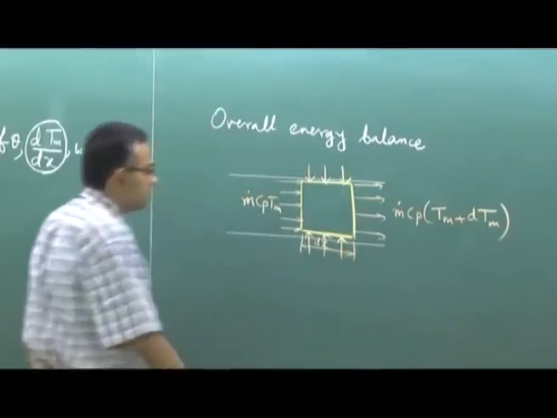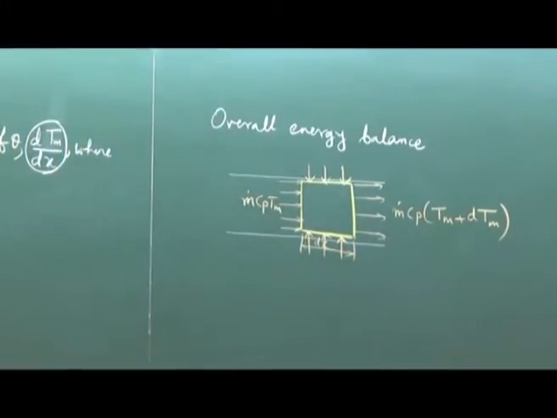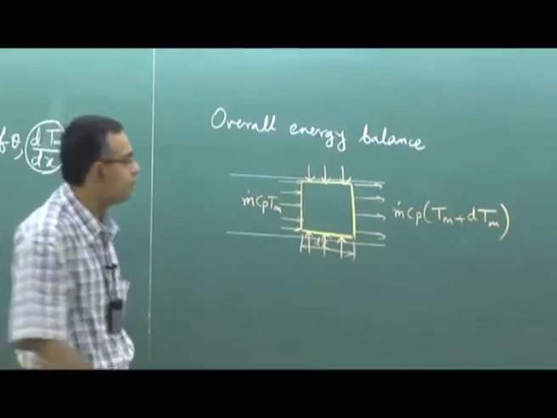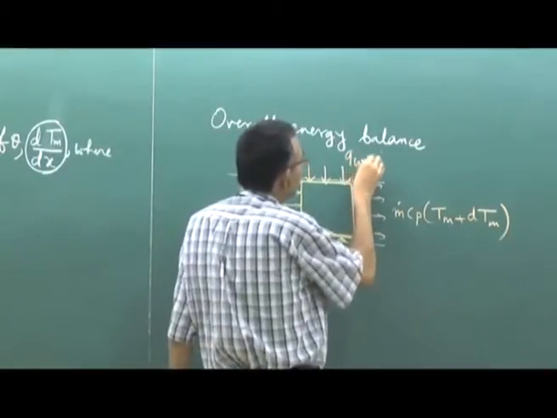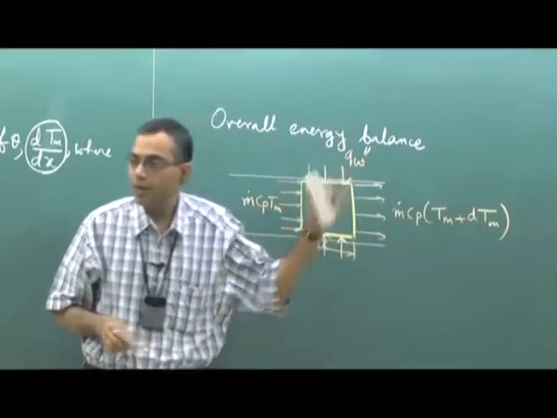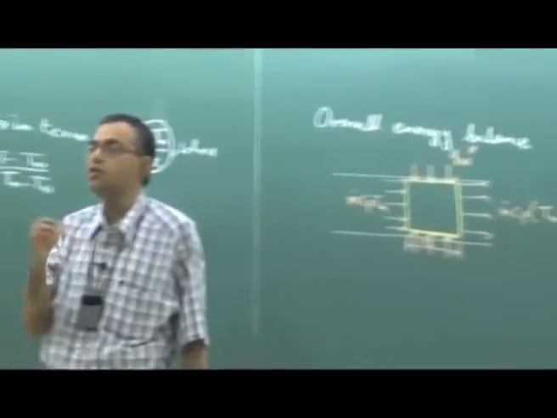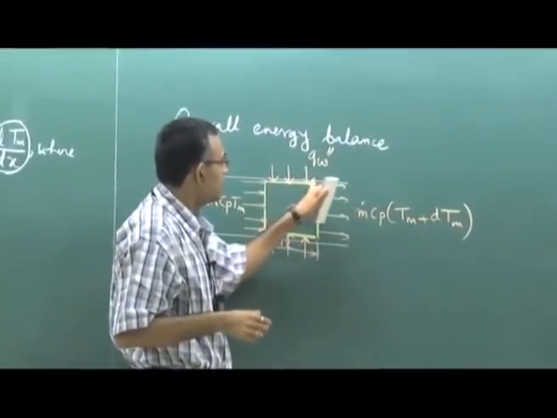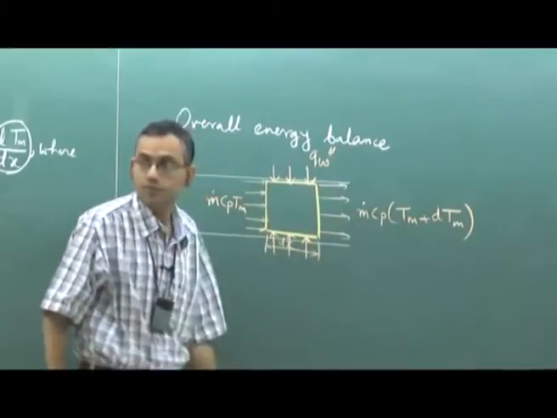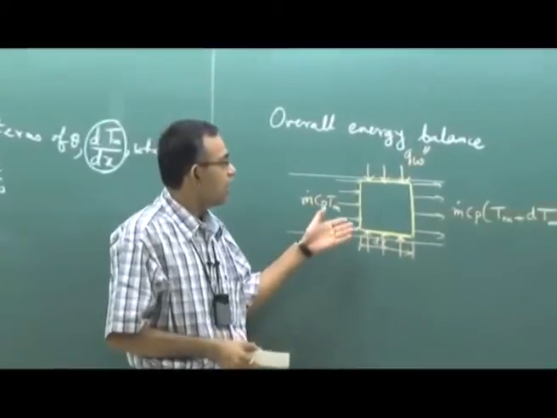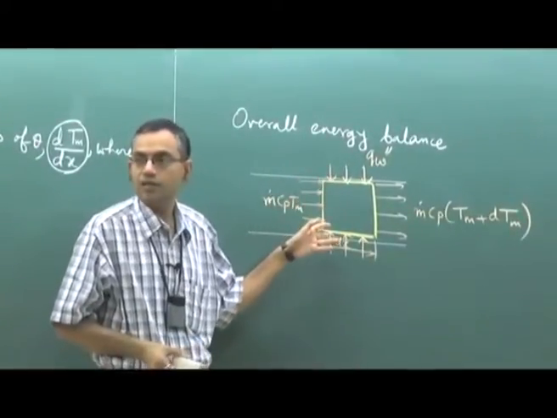Then we have heat transfer at the wall. What is the heat transfer at the wall? If the wall heat flux is Q double prime, this may be a constant or it may be a variable. Let us say this is a circular pipe of radius r.